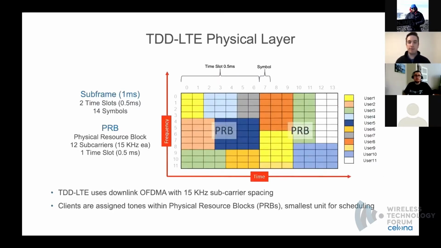Let's start off with the physical layer of time division duplexing LTE. The key here is to understand that LTE uses OFDMA in the downlink direction, and each subcarrier is 15 kilohertz wide. The 15 kilohertz subcarrier width is very important when we're looking at those RSRP and coverage characteristics.